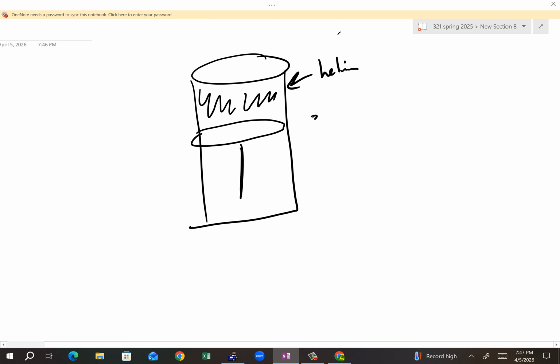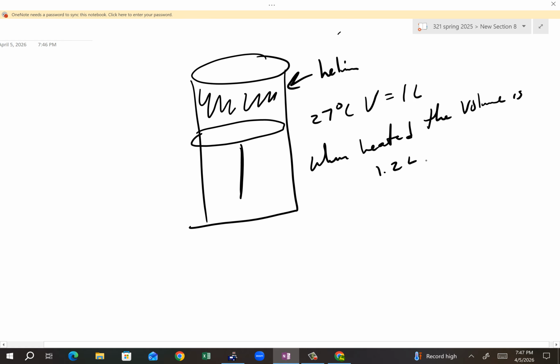When the temperature is 27 degrees, the volume is 1 liter. When heated, the volume is 1.2 liters. What is the new temp?